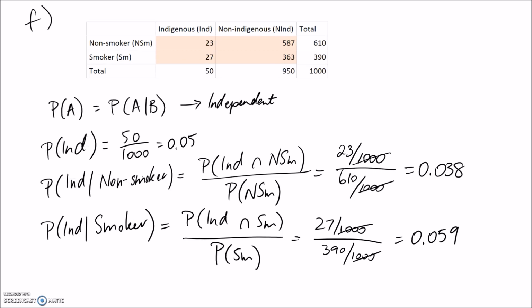So what we can say here is that Indigenous status and smoking status are really dependent on each other. Okay, you can say that there is a higher chance of being an Indigenous smoker, which is this one here, than being an Indigenous non-smoker.